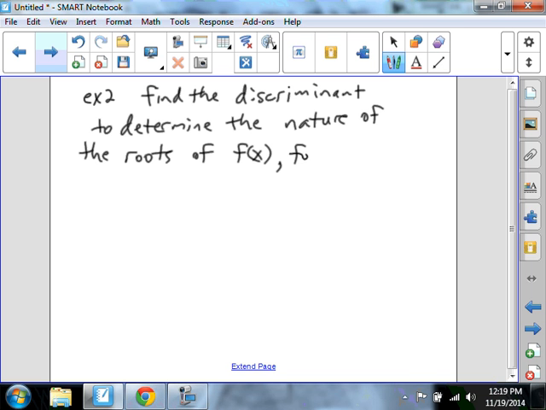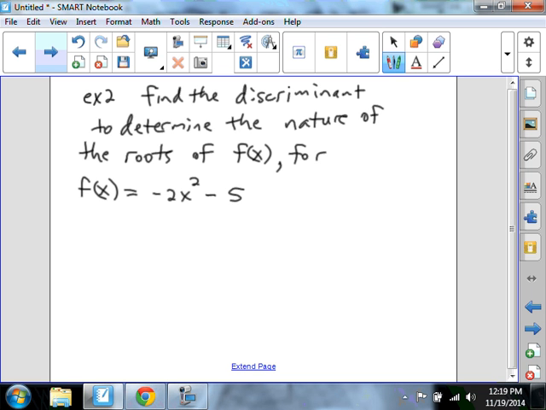For f of x equals negative 2x squared minus 5. This will be good.